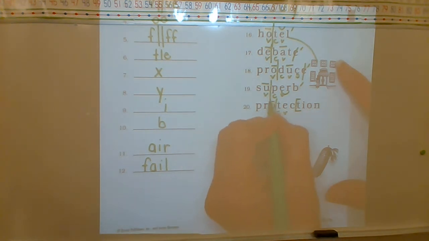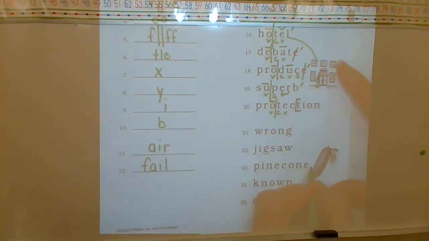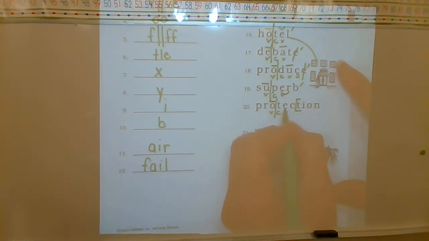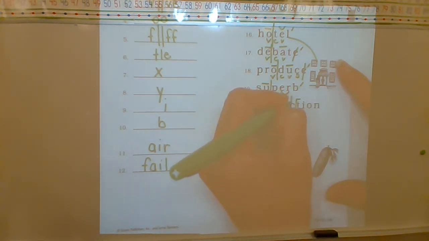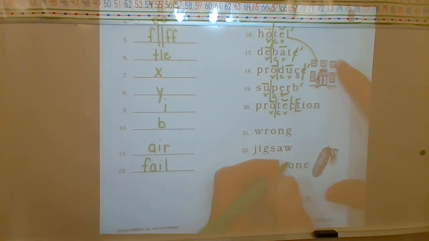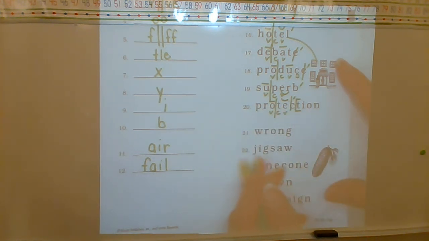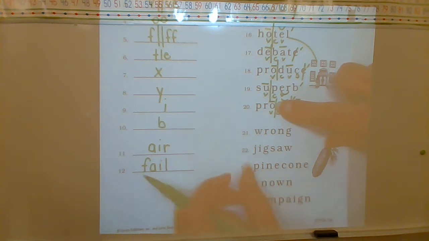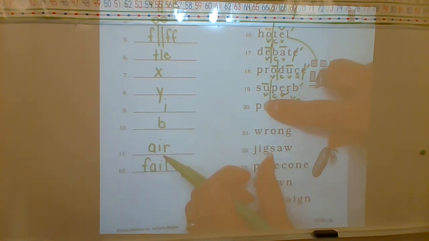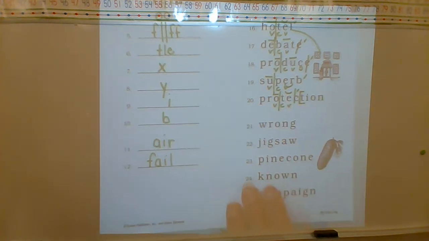That leaves my O open, so I'll give him a macron. And here I have a vowel followed by a consonant making a short sound, and that is a K back C. Accent on the second syllable. What's the word? Let's look. Protect. Protection. Protection. Okay?